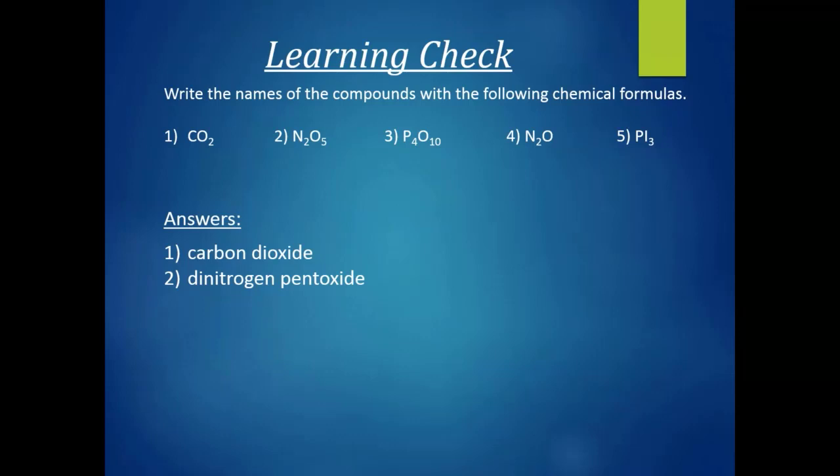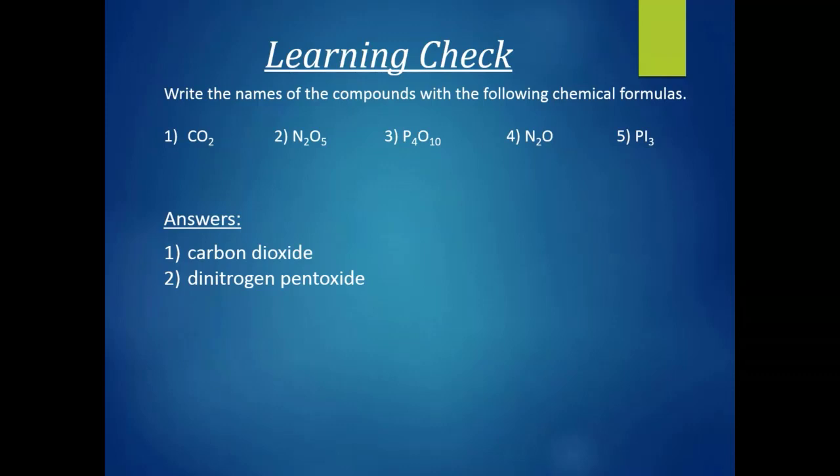So the prefix for 4 is tetra, and all those prefixes were on the previous page, so if you don't remember them, that's okay. You'll have to memorize them eventually. So tetra, phosphorus, and then what's the prefix for 10? Deca.